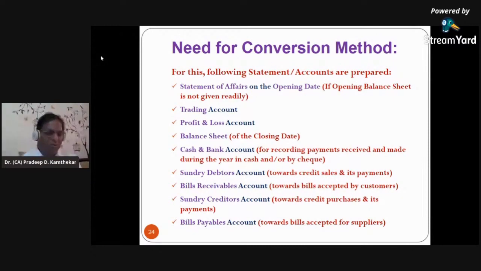On the debit side, you have discount allowed. On the credit side, you have discount received. And finally, we close this profit and loss account with net profit or net loss.